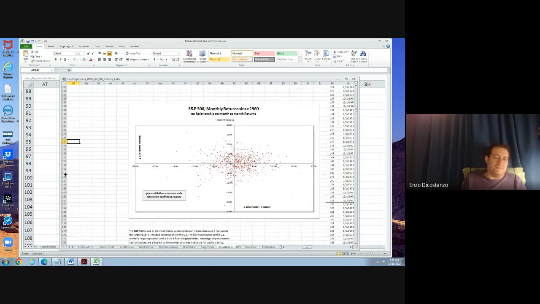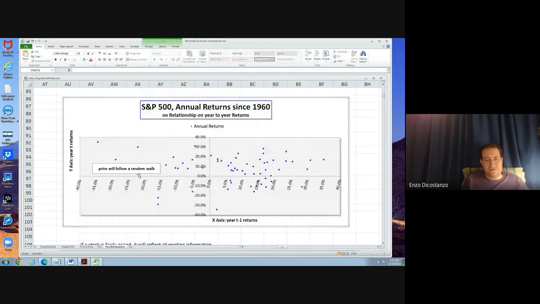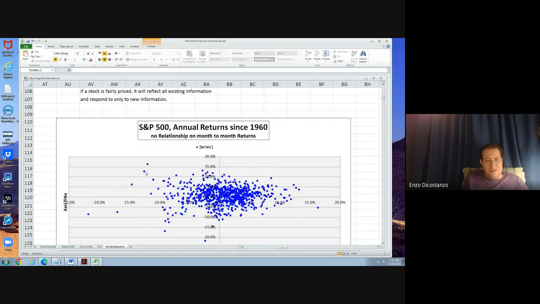Now and then put the correlation coefficient in there. So is it 0172?